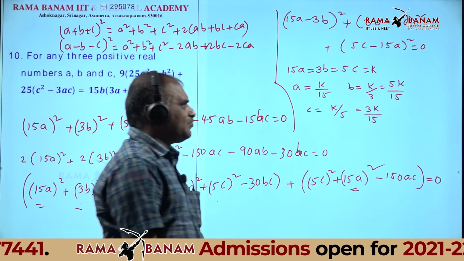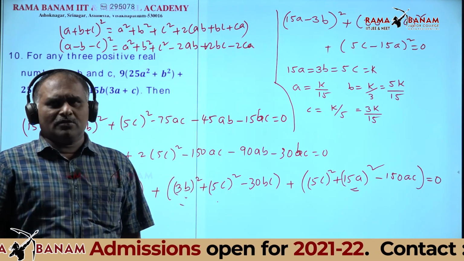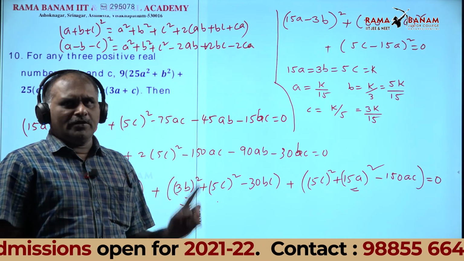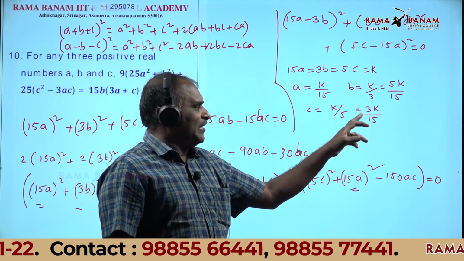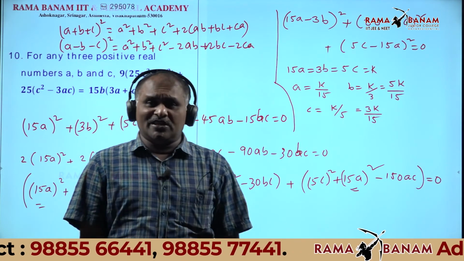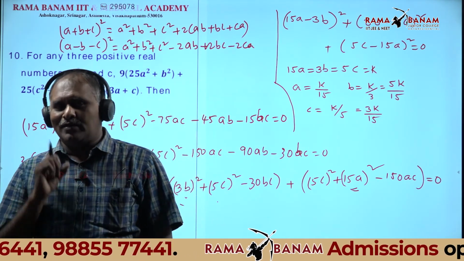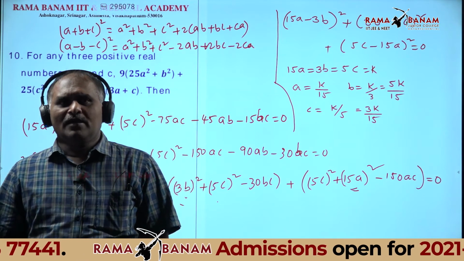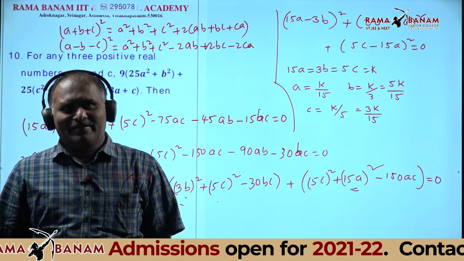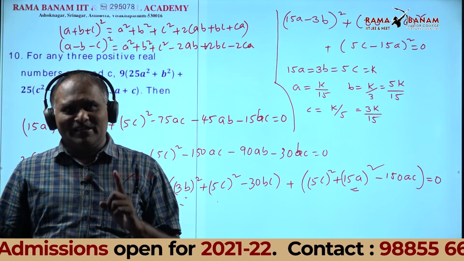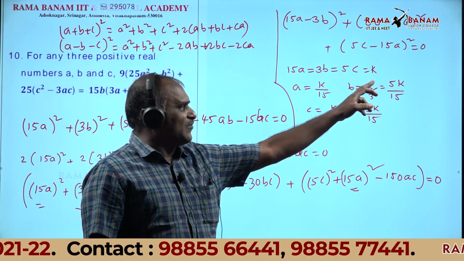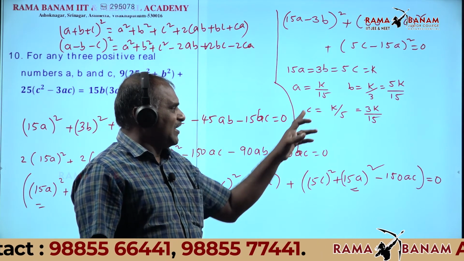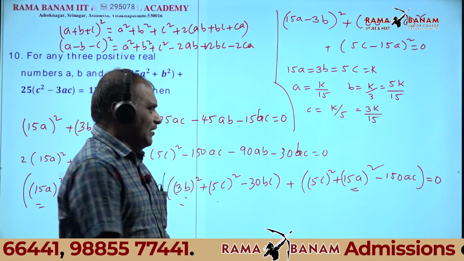You can observe k by 15, 5k by 15, 3k by 15. In these three terms, what is common? K by 15 is common. That means 1 into k by 15, 5 into k by 15, 3 into k by 15.